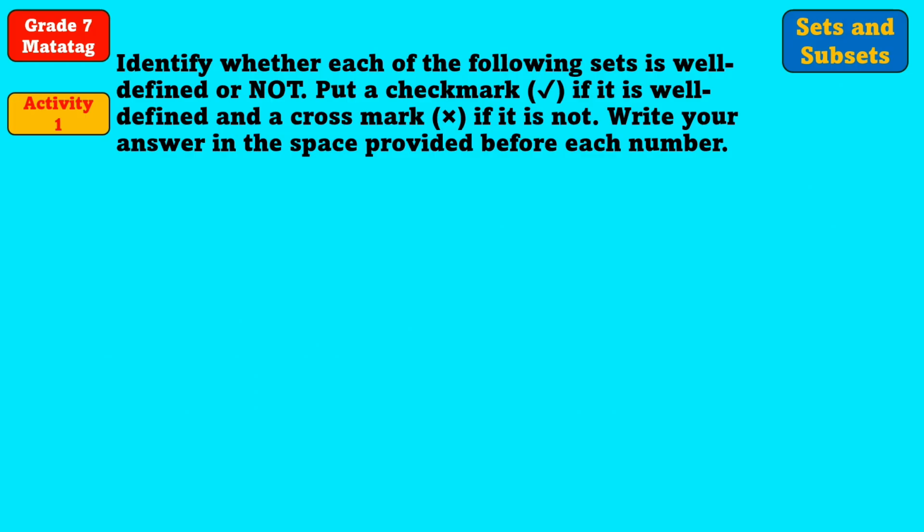Now, let's try this activity. Identify whether each of the following sets is well defined or not. Put a check mark if it is well defined, and cross mark if it is not. Grab your notebook and write your answer in your notebook. Let's have number 1. The set of local government officials.